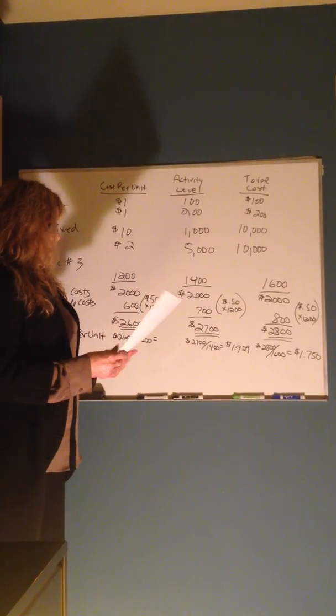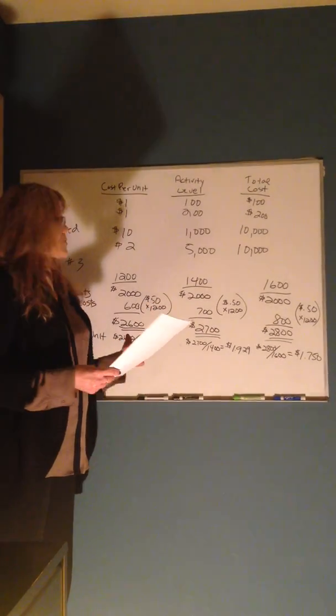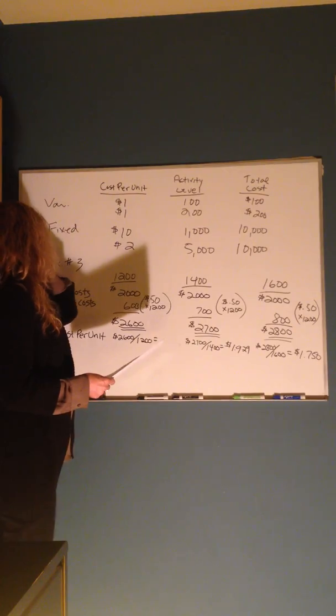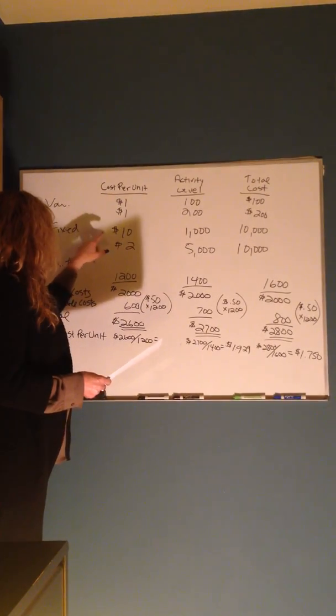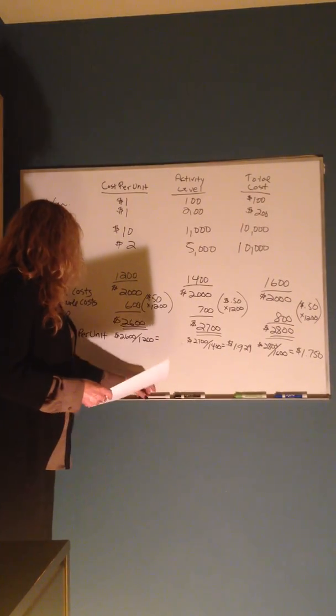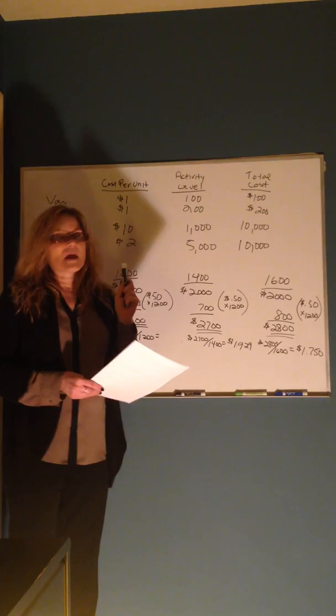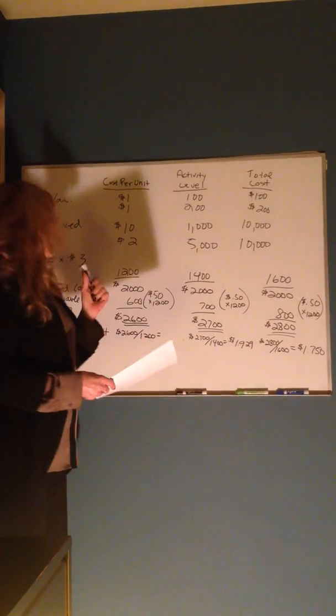So the first thing we want to cover are the differences between variable and fixed costs. So if you look at the example I put up there, variable costs are going to remain constant on a per unit basis. So for example, let's say I'm buying pens, and the pens cost $1 each.